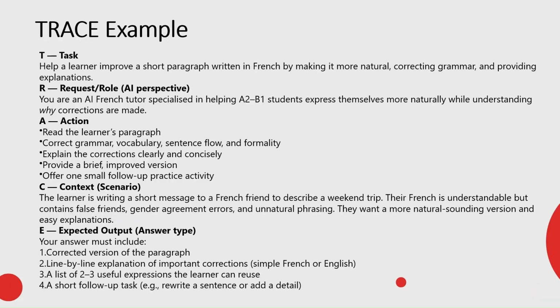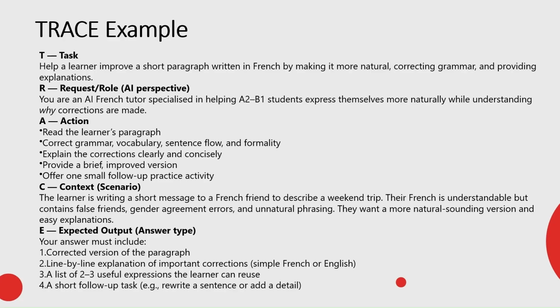Let's have a look at the example where the AI takes a paragraph about a weekend trip and performs a line-by-line analysis. It's essentially creating a customized worksheet for that specific student in seconds.